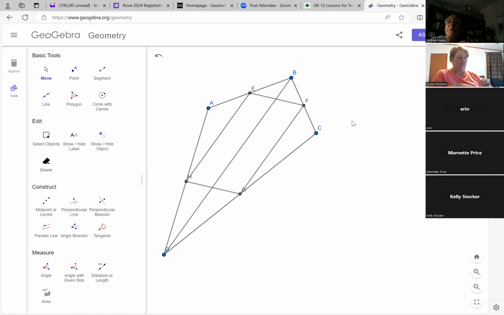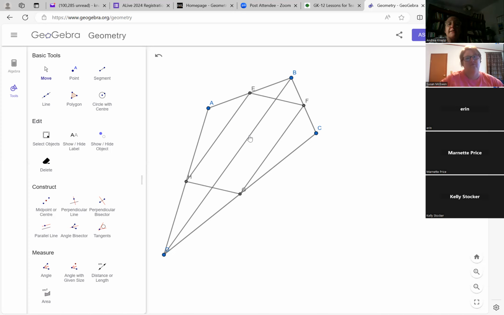Does anybody remember that? Vaguely. Yeah, it's coming back to me. Opposite sides have to be parallel in a parallelogram. So we just proved that opposite sides are parallel because they're both parallel to this middle diagonal.